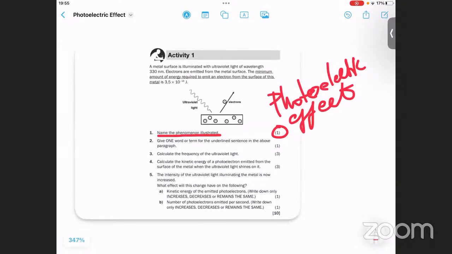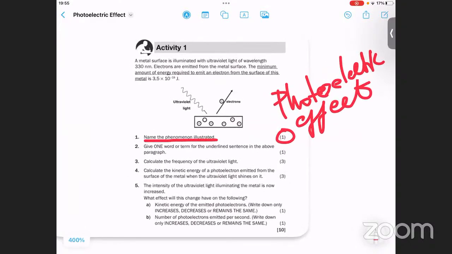You see, that minimum amount of energy required to emit an electron from the surface of the metal. Do you not remember now, Augustino? Vulamlomo.